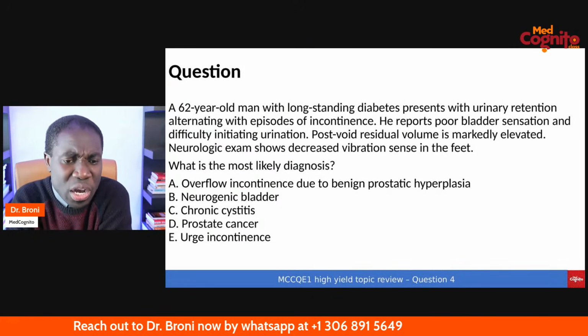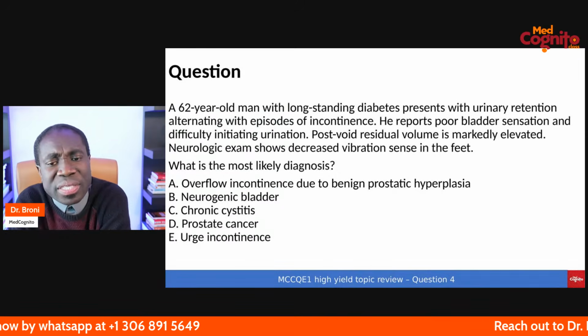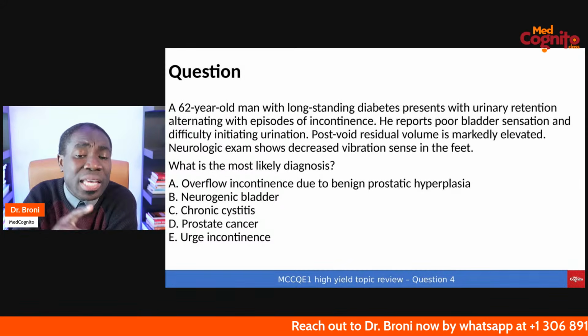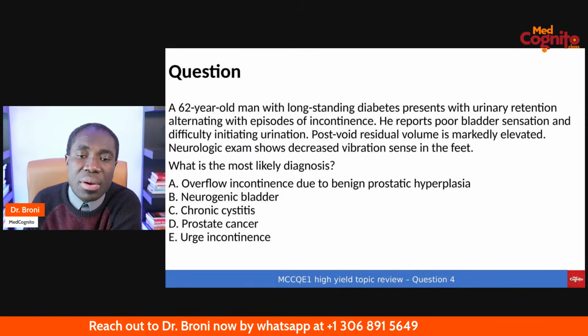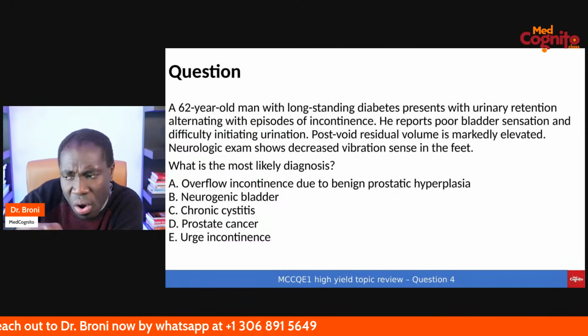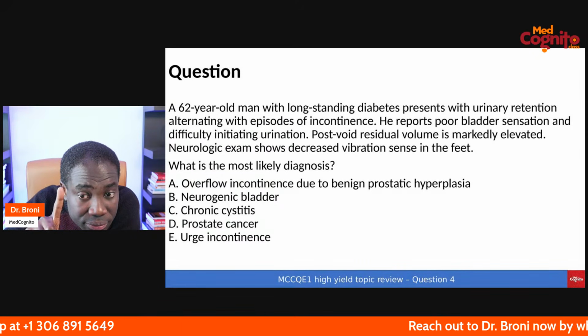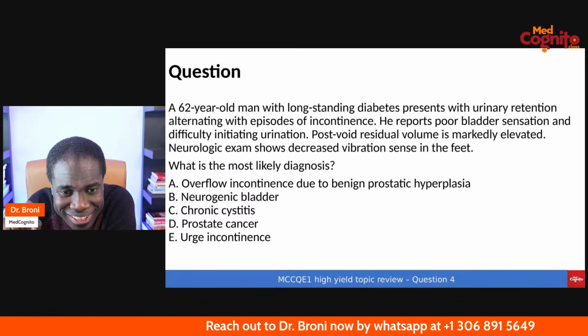You have a 62-year-old man with long-standing diabetes who presents with urine retention alternating with episodes of incontinence. He reports poor bladder sensation and difficulty initiating urination.